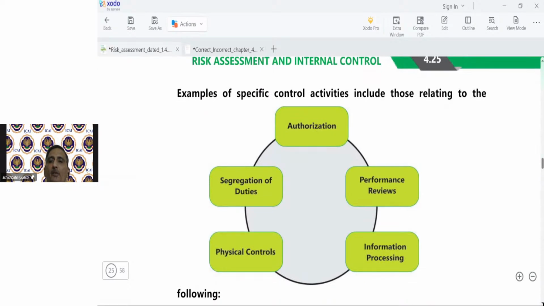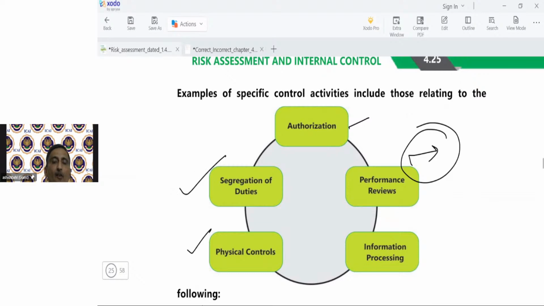Like performance reviews. This I've already told you. And a transaction is authorized, performance reviews, what were the targets and how these were achieved, and physical controls. This you all already know, physical controls relating to some assets.